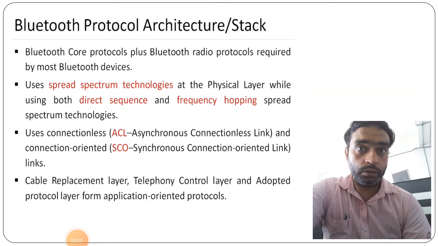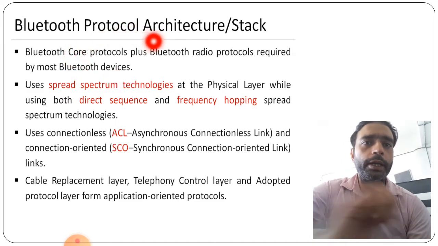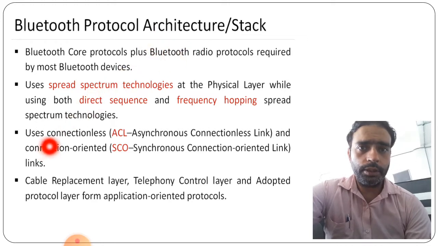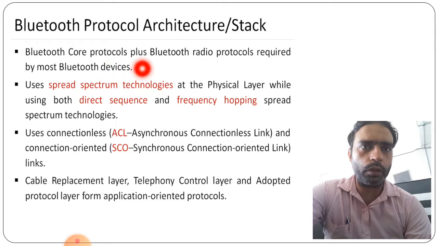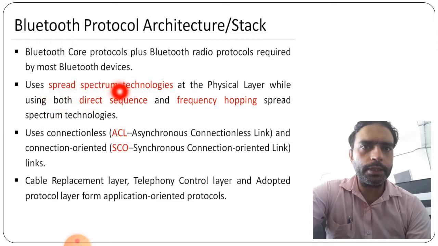So today I am going to explain to you about the Bluetooth protocol architecture, or stack. We have already seen that core protocols plus radio protocols are required by most Bluetooth devices, which use spread spectrum technologies at the physical layer, using both direct sequence and frequency hopping spread spectrum.